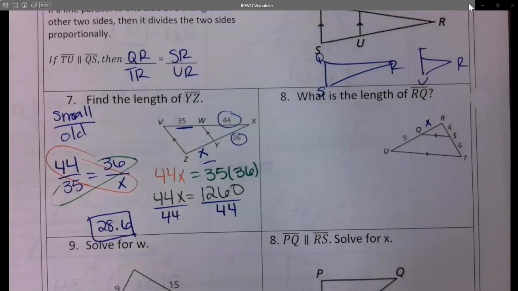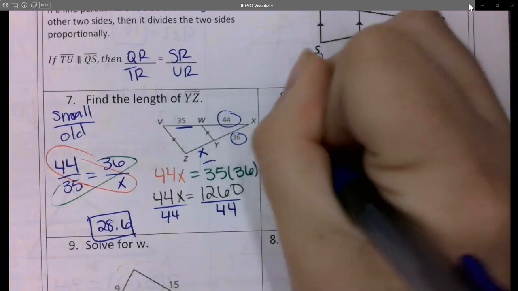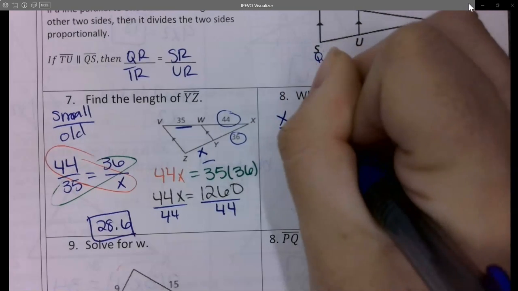So number 8 is the same. This time it wants me to look for RQ. So I am going to have x over 9 equals 4 over 6.